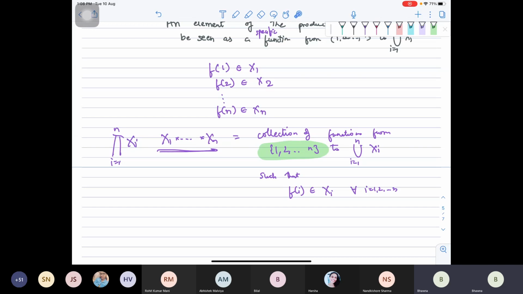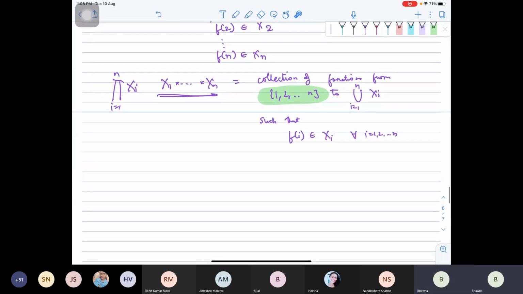One is used to identify the set x1 in this family, and n is used to identify the set xn in the family.